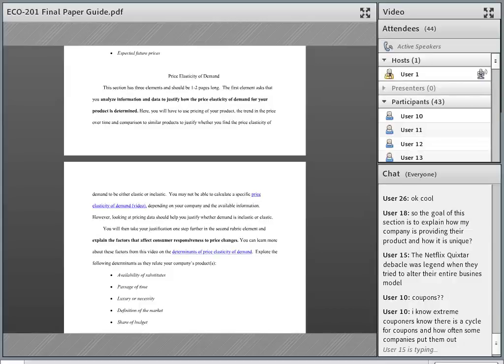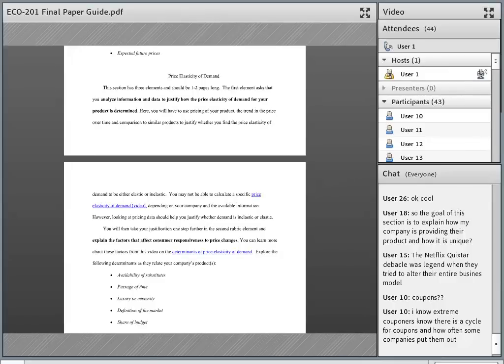You can find price elasticity of demand for air travel, for automobiles, for gasoline, maybe even for clothing, for certain food items. Lots of research has been done on this by professional economists. So feel free to piggyback off their work and include that in this section of your paper.